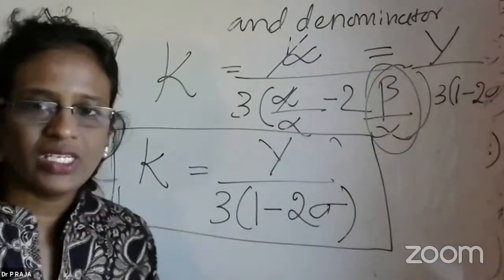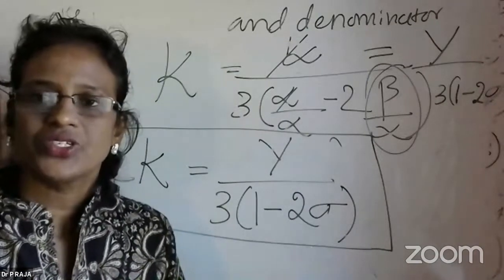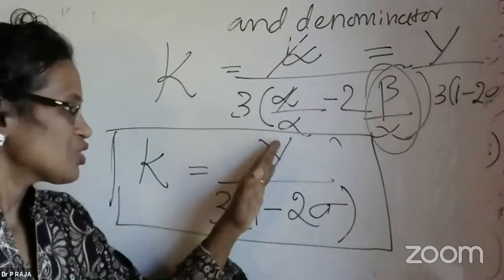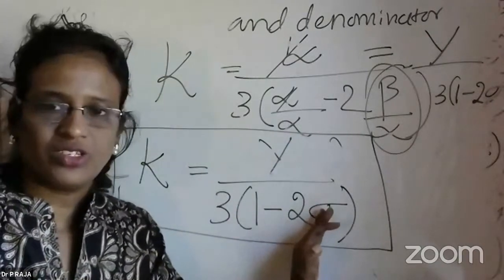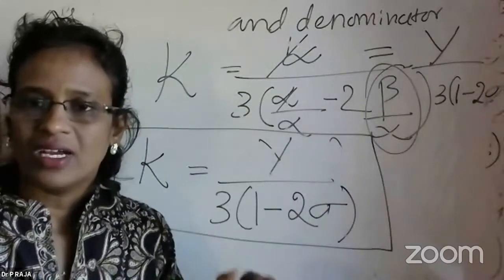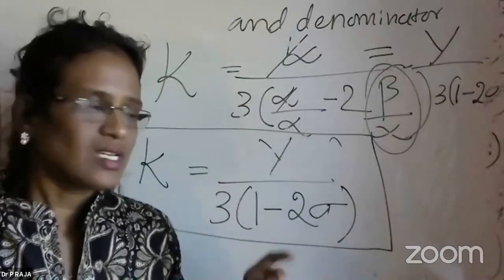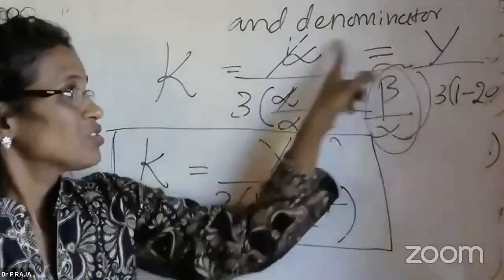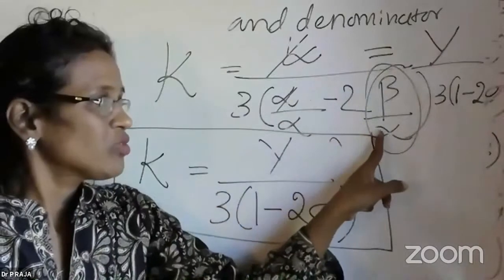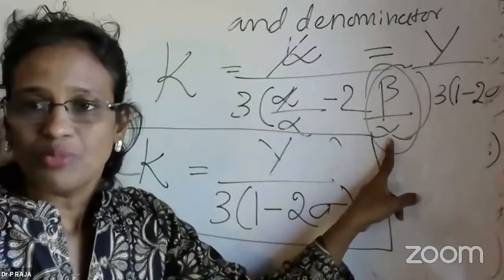Initially we started to derive the relationship between the Young's modulus, bulk modulus, and the Poisson's ratio. I explained what alpha and beta are, and how alpha and beta are connected with Young's modulus and the Poisson's ratio.